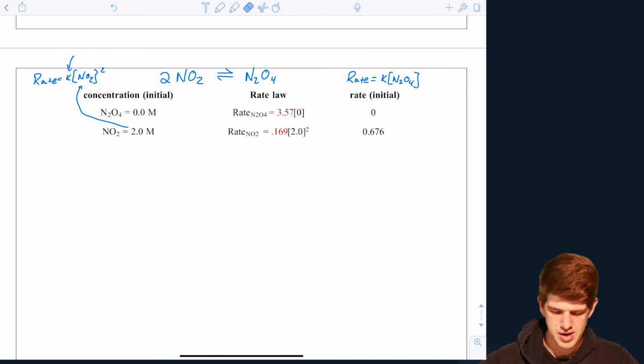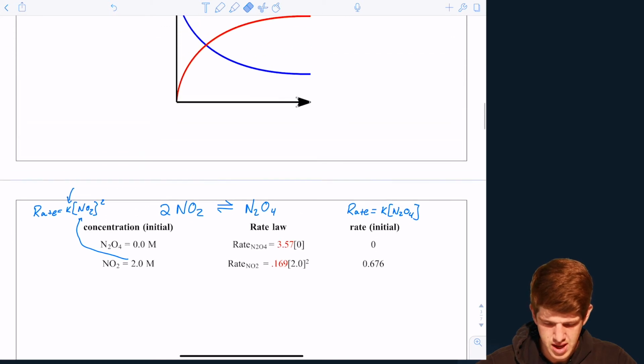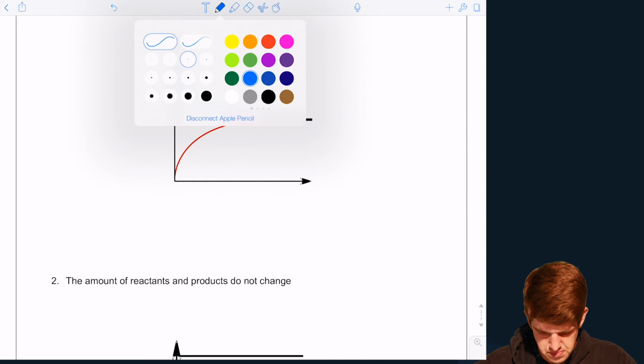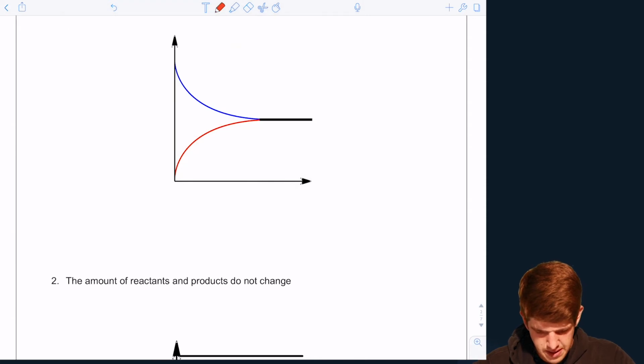We don't have any N2O4, so it's going to be kind of hard for it to react. And the rate for NO2 is 0.676. So if I had to plot this data, I would say, well, if this is the rate, and we are saying that it's going to equilibrate at some point, this will just be the reaction progress.